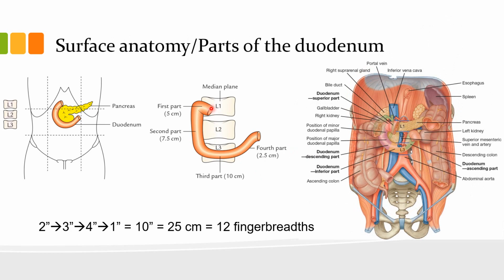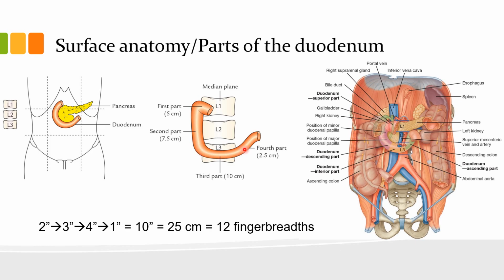The duodenum is C-shaped. It is fixed in position because it's retroperitoneal, and it is divided into four parts. The first or superior part is 1 inch long, and it runs on the right side of L1 vertebra. The second or descending part is about 3 inches long and runs on the right side from the level of L1 to L3.